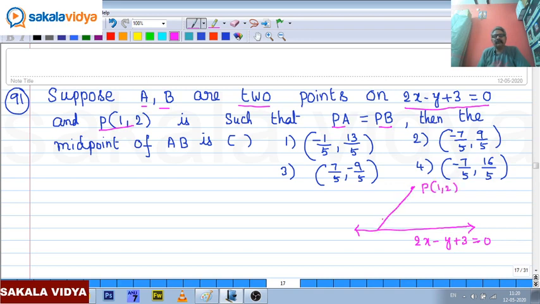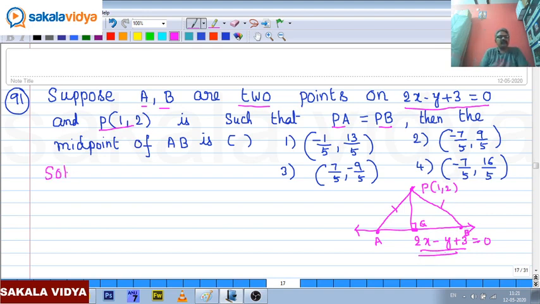Now 2 points on this line, PA and PB, PA equal to PB. So the midpoint of AB we need to find out. Say the midpoint is Q, you join PQ, it is perpendicular. Q will be the foot of the perpendicular of 1 comma 2 on the line 2x minus y plus 3 is equal to 0.